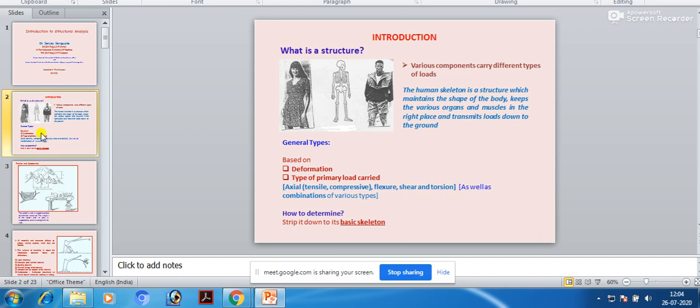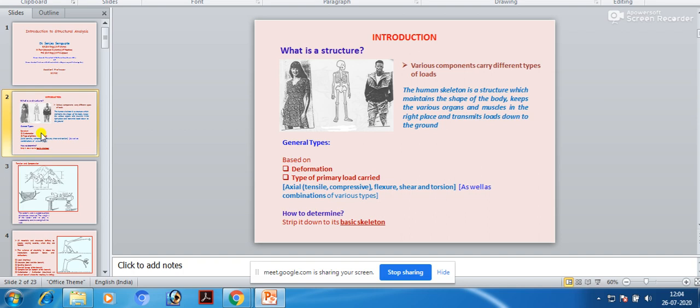If the skeleton is not there, we will not be able to carry the load of the muscles, our different organs and other things. So our human body is a structure, and the skeleton is the structure by which the total human body is supported, right?